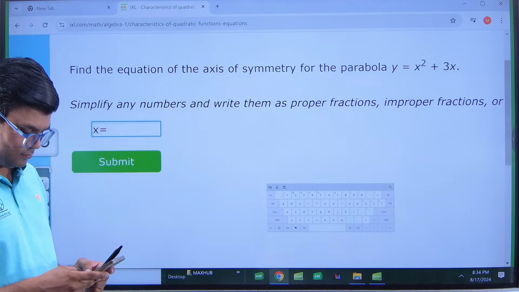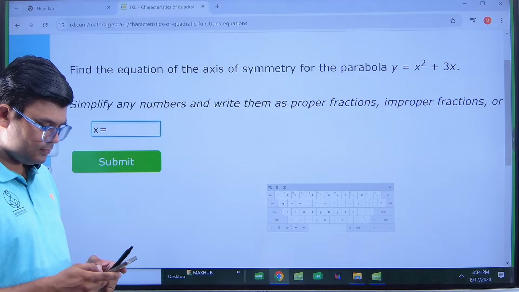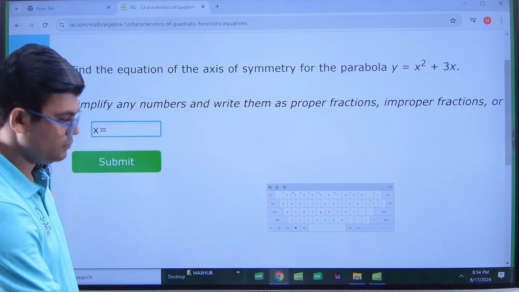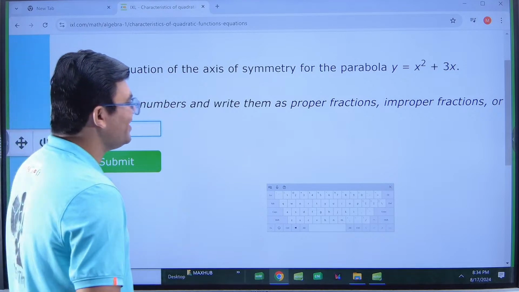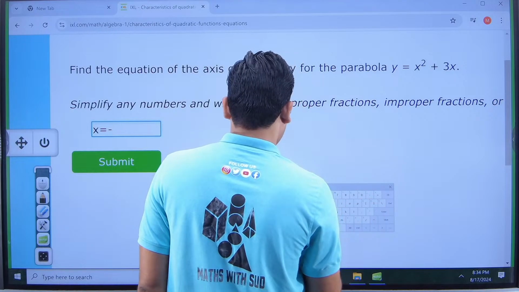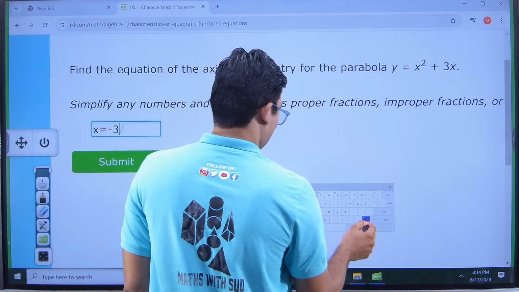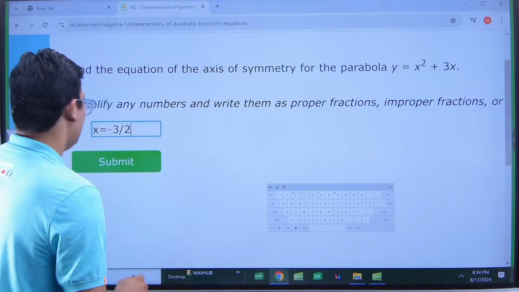Minus 1.5. So don't say that, you can say minus 3 by 2. We can do it in fractions. Yes, write in the fraction only.